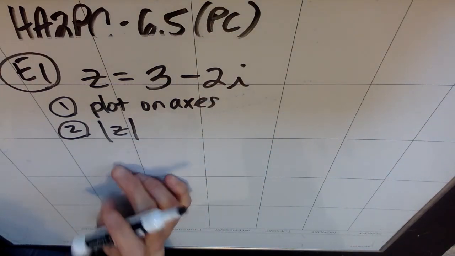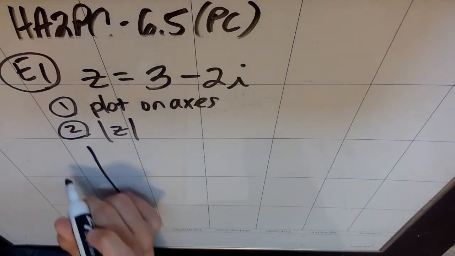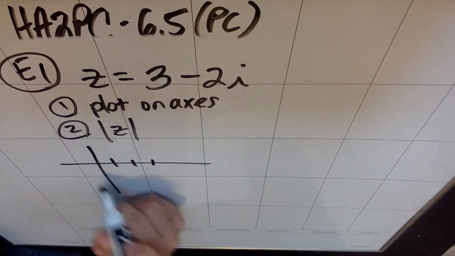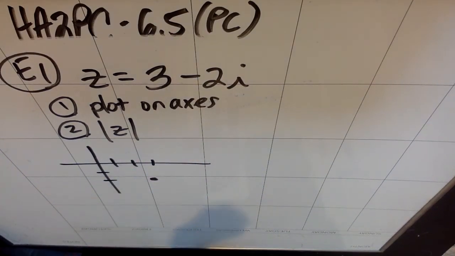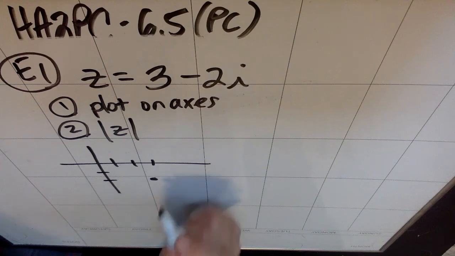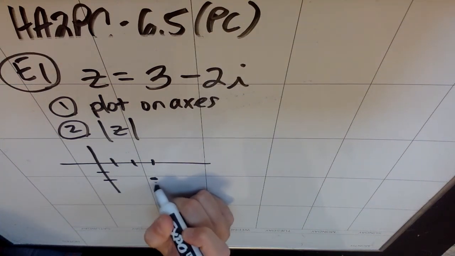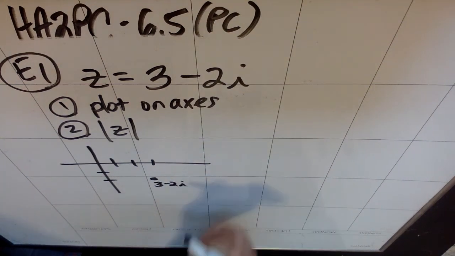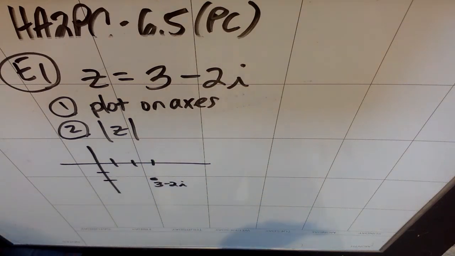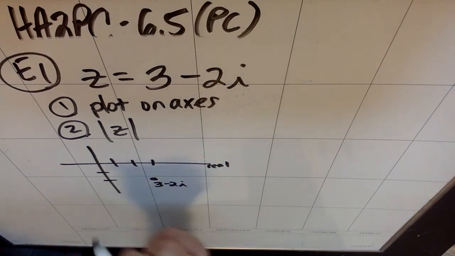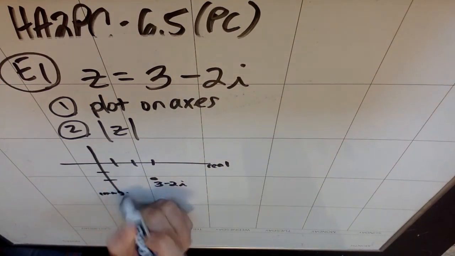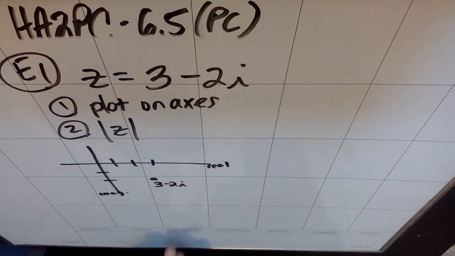A positive x and a negative y puts me in quadrant 4. So 1, 2, 3, 1, 2, that point's going to go right there. So this is 3 minus 2i, because it's the point (3, negative 2). This is my real axis, and this is my imaginary axis. For lack of a willingness to write out the word imaginary, we'll write imag.